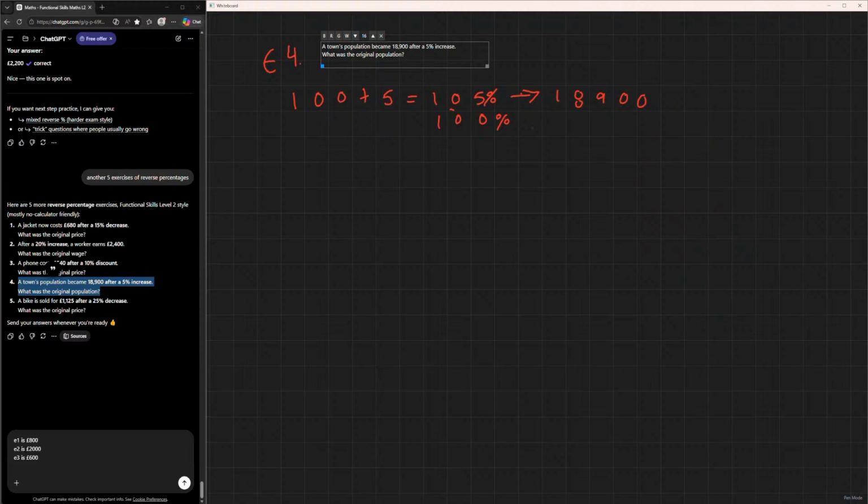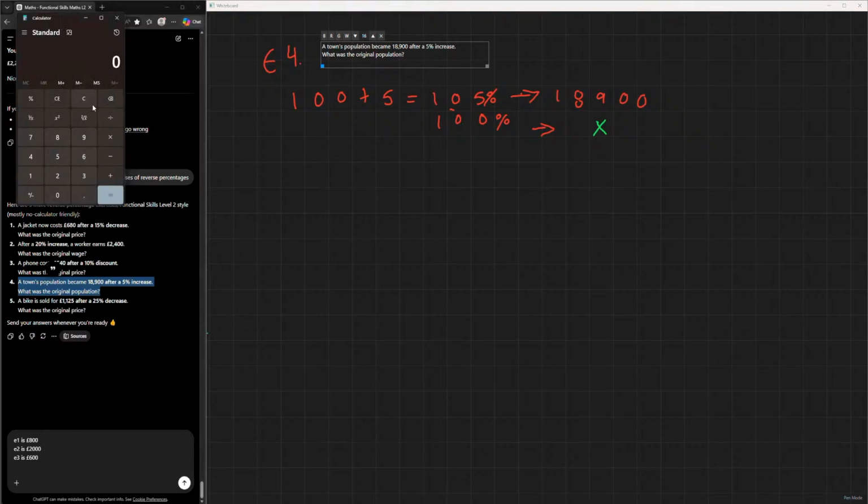So this one is the x. When we divide the 100 by the 105, is it going to be this way or the other way? Yeah, we get 0.85.